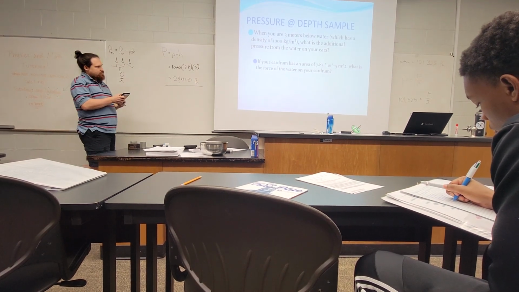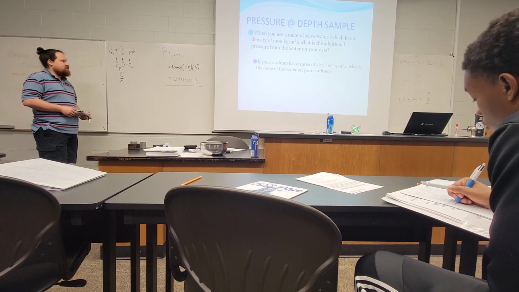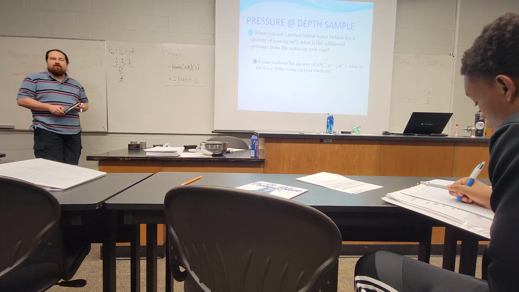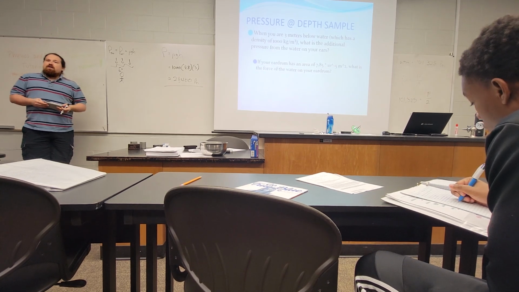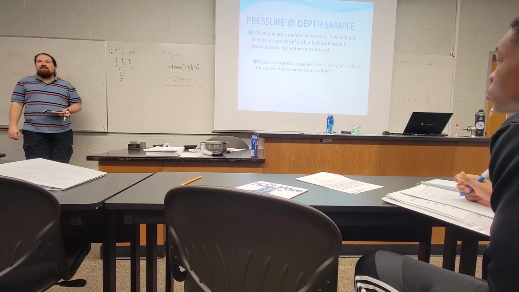So, by jumping to the bottom of that pool, you have added 29,400 pascals of pressure to yourself. Comparing that back to normal atmospheric pressure, that is about 30% increase.